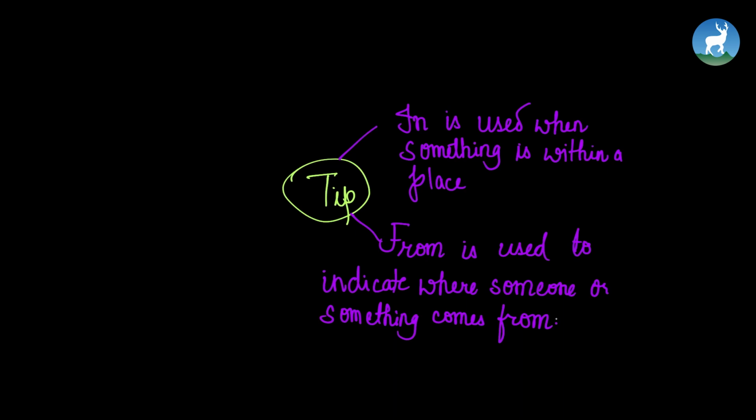From is used to indicate where someone or something comes from. We got to know that the delicious pizza is from Italy. So using this tip, you can easily find out the difference and use in and from in your sentences to make them look and appear appropriate.